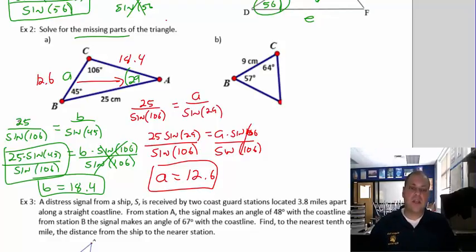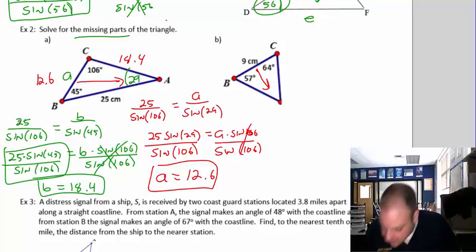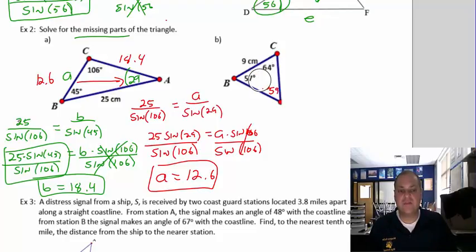All right, now this one here requires us to find that third angle first, because here's the side, and we need that opposite angle. Remember, you got to have a side with an opposite angle. That angle is 59, just because the three angles of the triangle have to add up to 180.